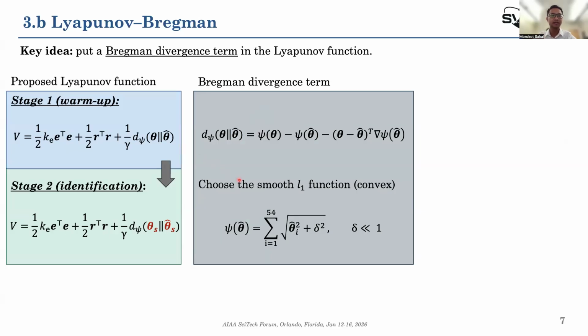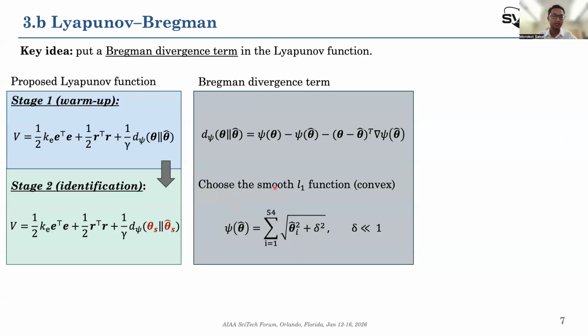It is well known that the L1 function, which has the following formula, is able to promote sparsity. That's why we select this L1 function. And this L1 function actually depends on the square of the estimation. But actually, if you remove this delta, it's an absolute value of each of the estimates of the unknown theta. And we add the small delta just to make sure that it's smooth.